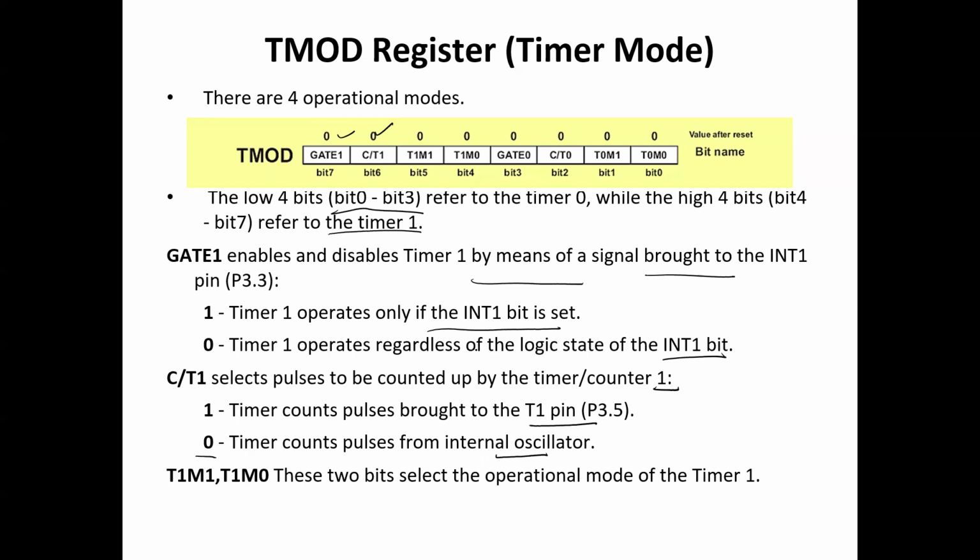And T1M1 and T1M0, these two bits select the operational mode of timer 1. What mode it is actually going to operate in is decided by these 2 bits.